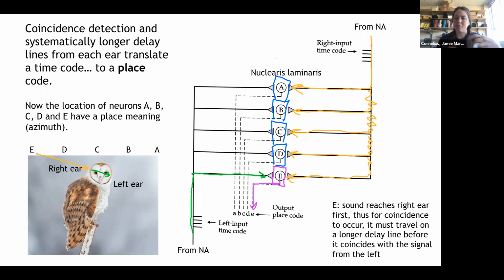It's now a map of space because E represents a space right there coming from the right side of the bird. Whereas all of those blue boxes I drew were sequentially moving that way. So you managed to turn the amount of time it took to reach both ears into an equivalent place in space that it means that sound must have occurred from.